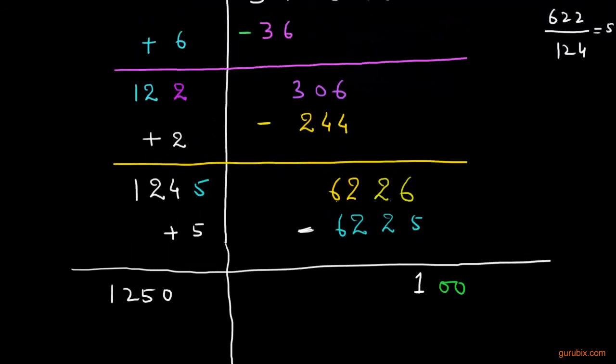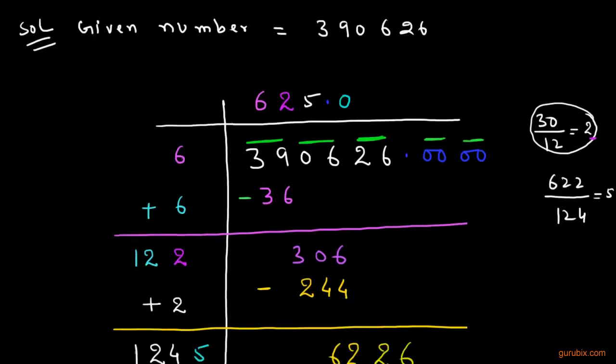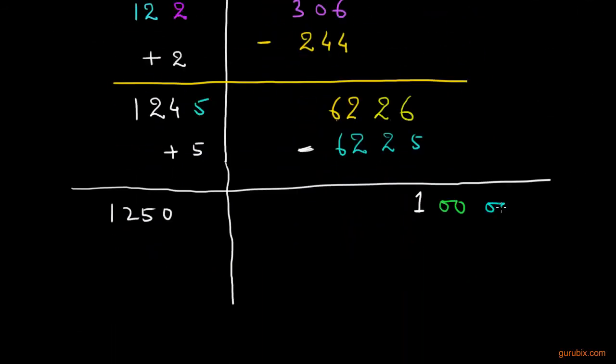So what to do here? We shall put a 0 in the quotient here after the decimal point and bring down the next period, and we shall put the 0 here also.